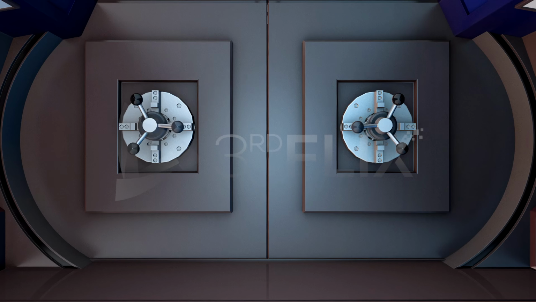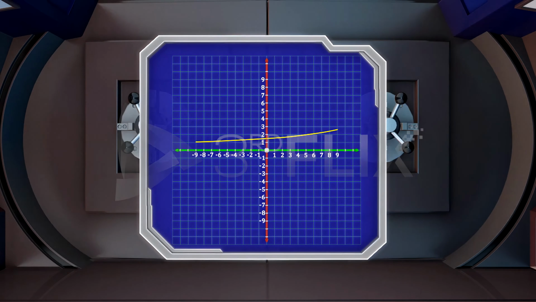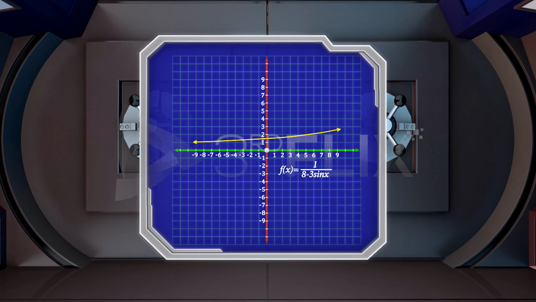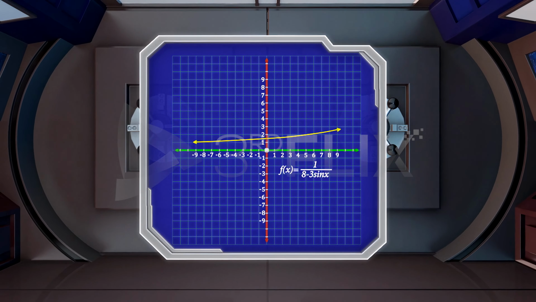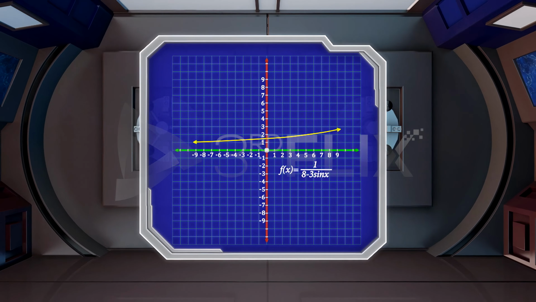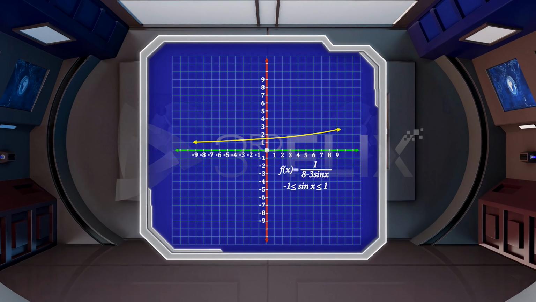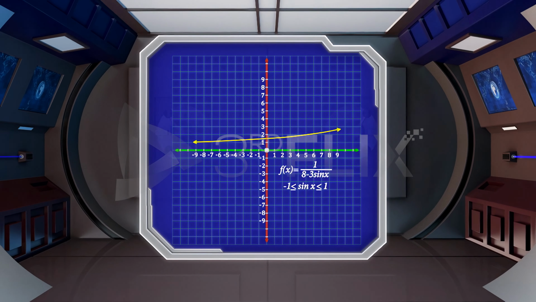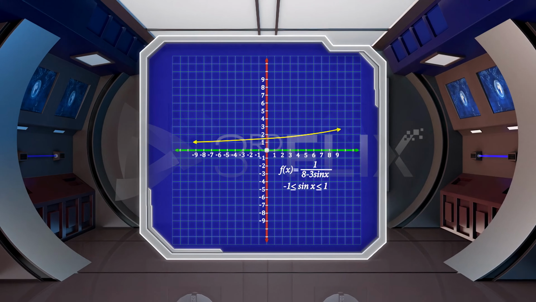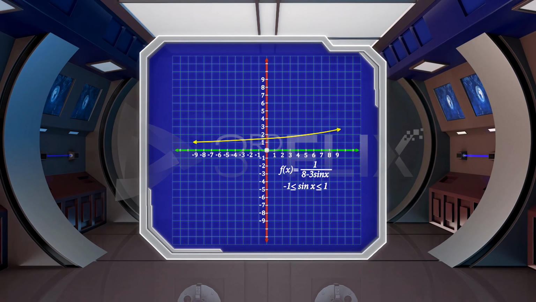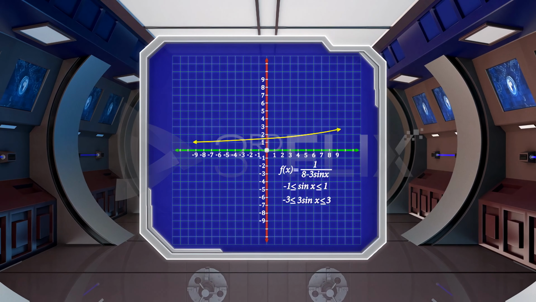For example, consider another function f of x is equal to 1 upon 8 minus 3 multiplied by sin x. We know that minus 1 is less than or equal to sin x, which is less than or equal to 1. Multiplying by 3, we get minus 3 less than or equal to 3 sin x less than or equal to 3.